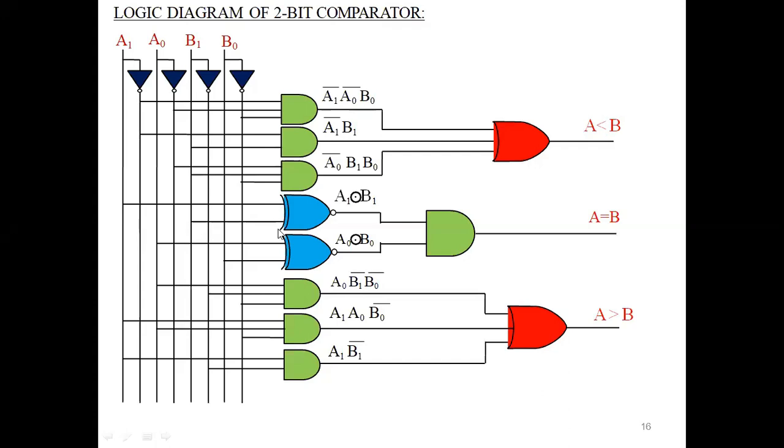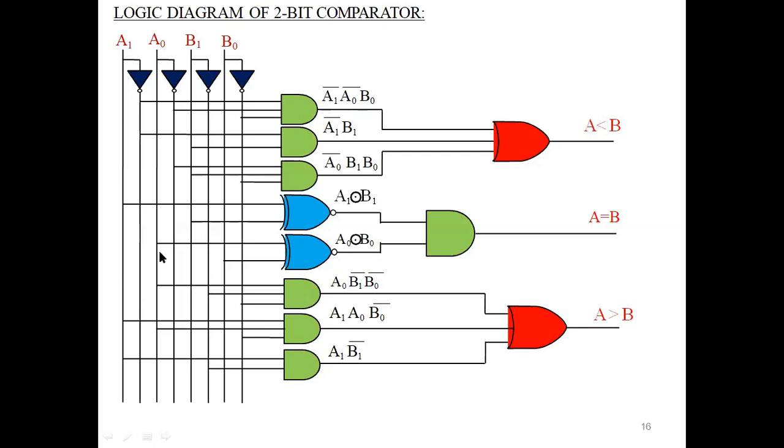So 1 exclusive-NOR 1. What is the exclusive-NOR operation? If both inputs are the same, the output will be 1. So here also 1, here also 1. So the output of this gate is 1.